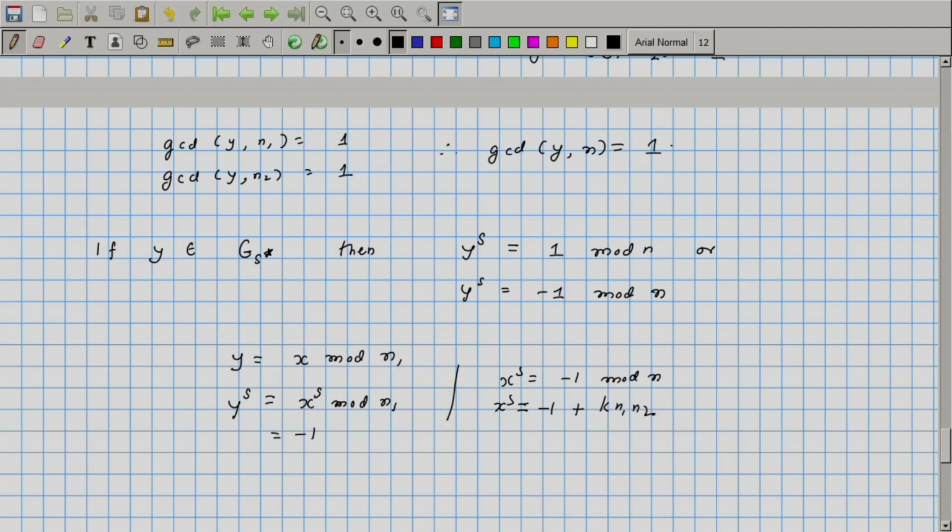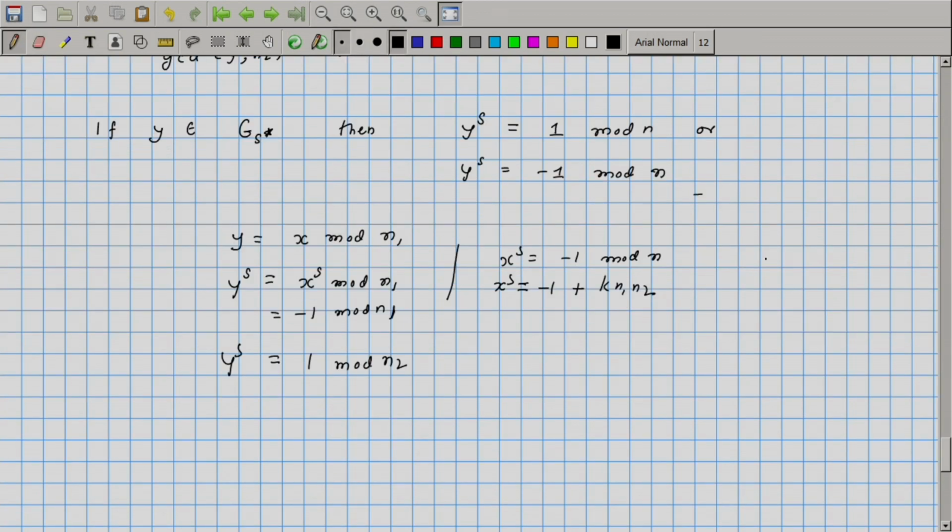So, this would imply that x raised to s is equal to minus 1 mod n1. Okay. So, clearly this is the only possibility. So, y raised to s is minus 1 mod n1 and y raised to s is equal to 1 mod n2.